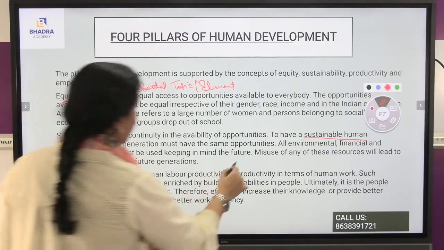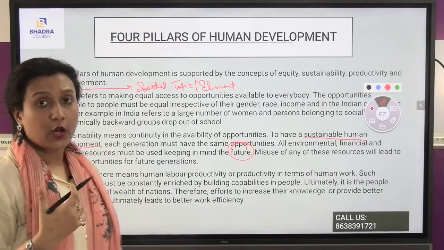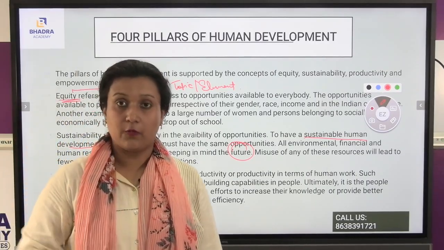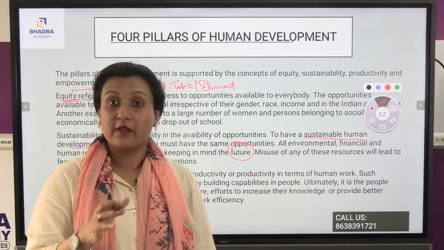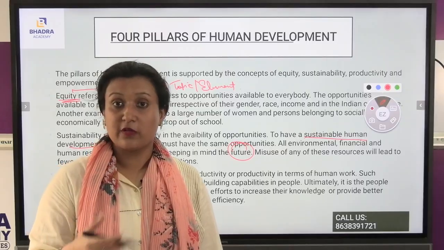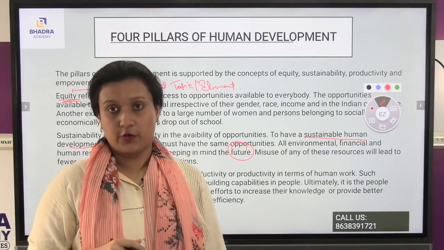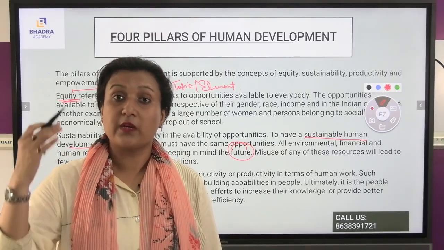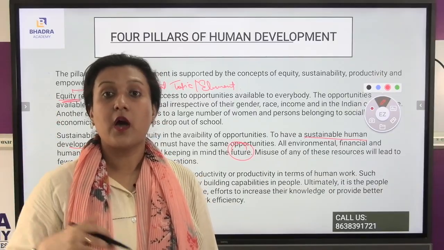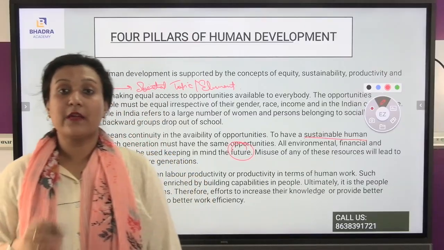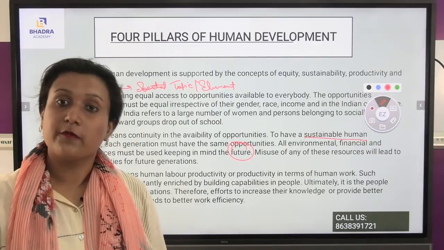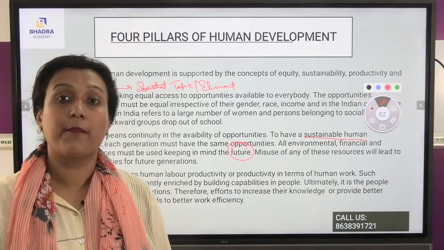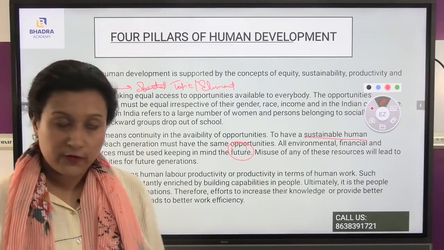Now, keeping in mind the future, whatever opportunities we are getting, whether environmental, financial, or related to money, must be protected and continued up to the future generation. So this is the meaning of sustainability, which means using the available opportunity up to the coming of the future.